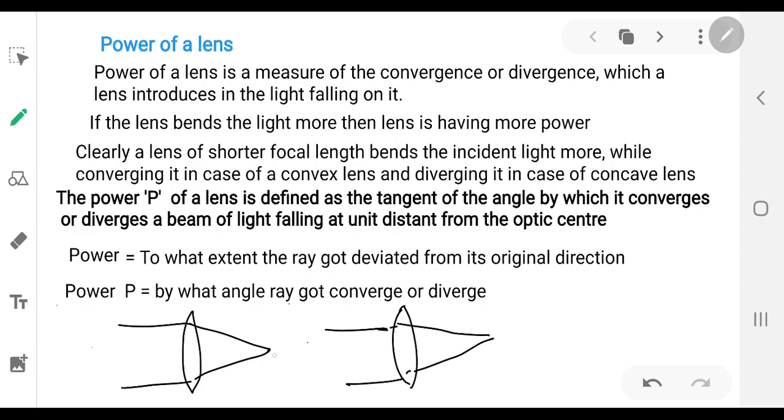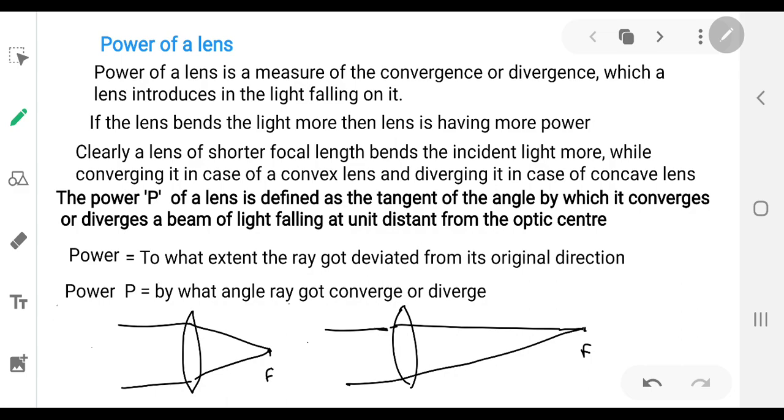The first lens is going to converge the light rays at its focus. The second lens is also going to converge the rays at its focal length.